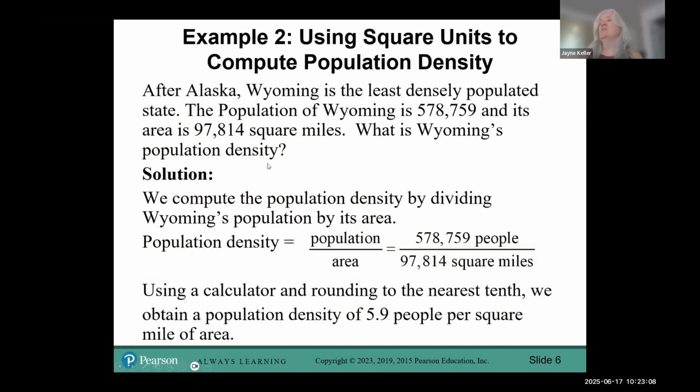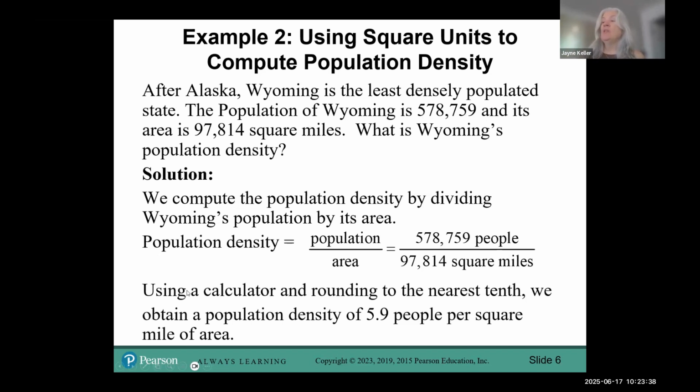So here's an example of how we might use this type of property. We see that the population of Wyoming is 578,759, which is like smaller than most major cities, right? That's the whole state. Wow. That's pretty dense. And the area of Wyoming is 97,814 square miles.